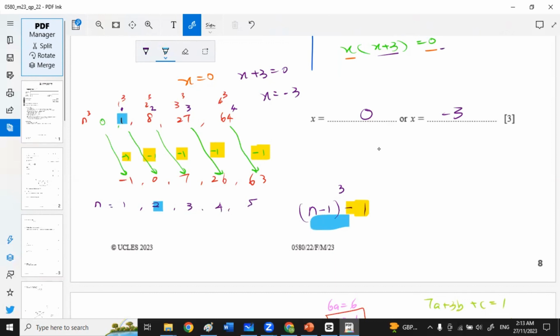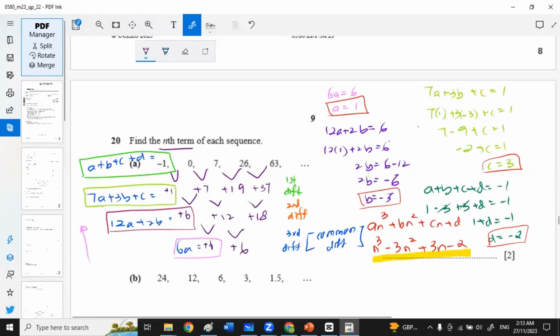So it's 2 minus 1, 3 minus 2. Therefore, your n term will be n minus 1 cube minus 1. This is just using trial and error. If you can see the pattern, then it works fine. But sometimes you can't really relate. Therefore, you need to use this method.